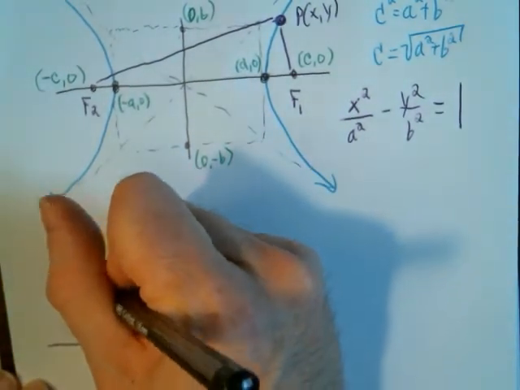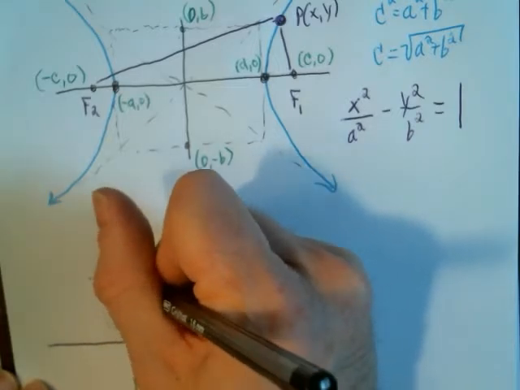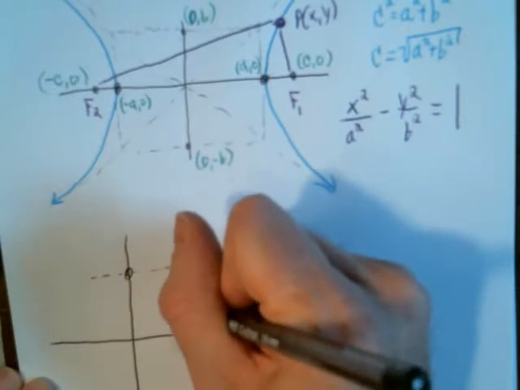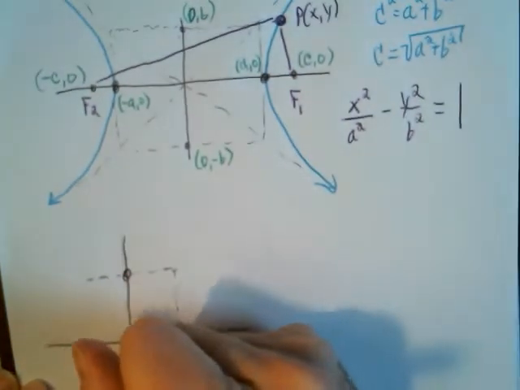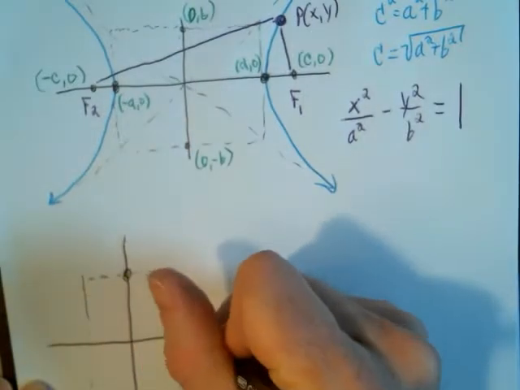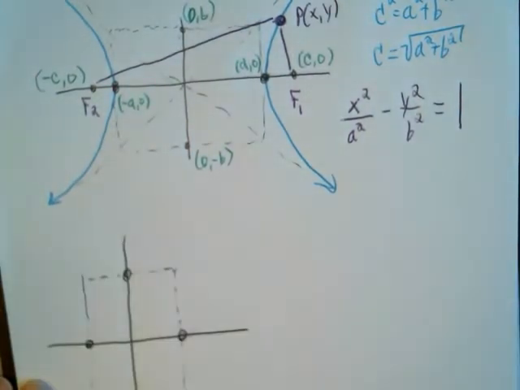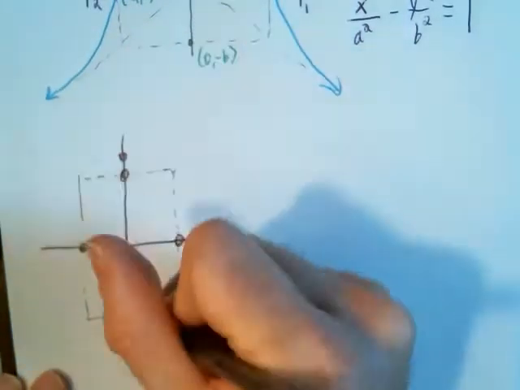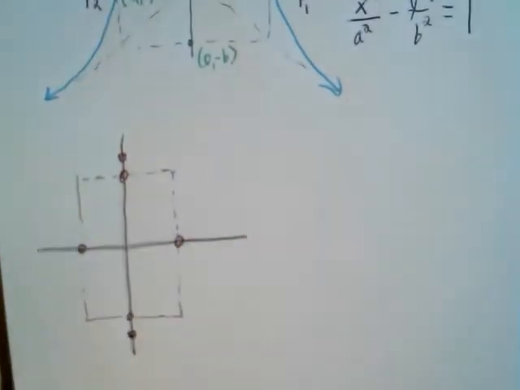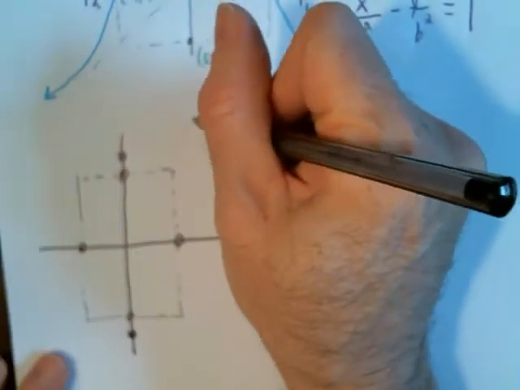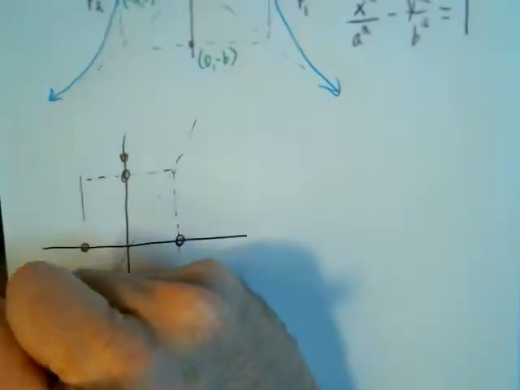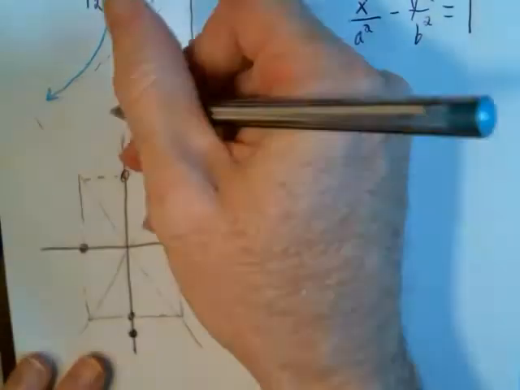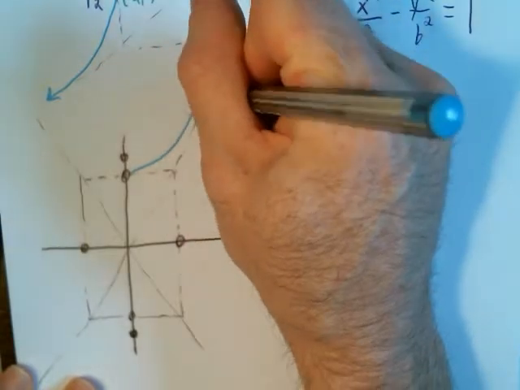Okay. So we have the bottom and top where the vertices will be, and some sort of box drawn based off of the b values and the a values. Sorry, it's falling off the page. And now the foci will be on the y-axis, and the branches as well will be on the y-axis.